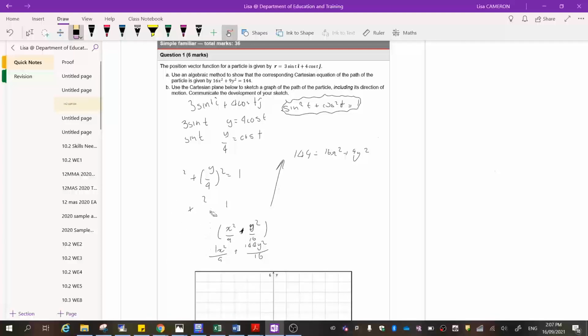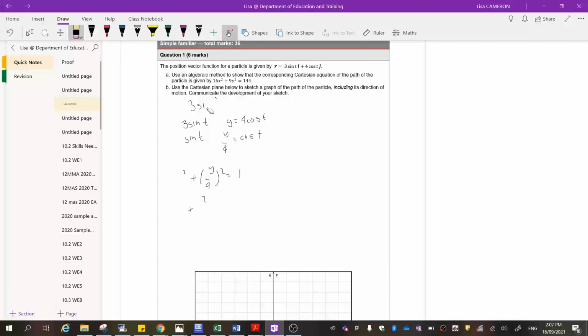Question B says, use the Cartesian plane below to sketch the graph of the particle, including its direction and motion, and communicate the development of your sketch. So let's have a look at this. This one is a tricky one, so we'll work through it a bit slowly.